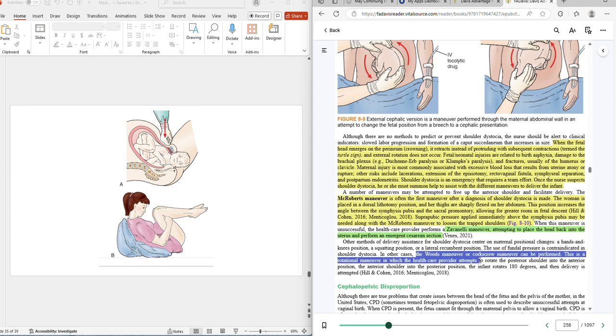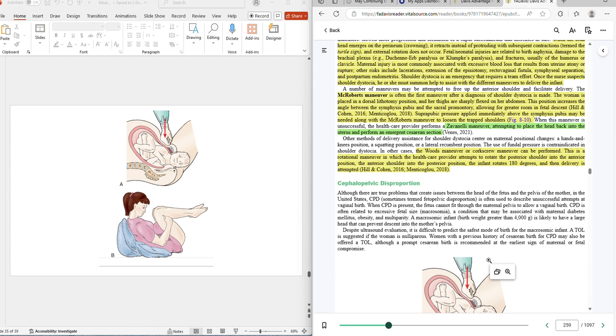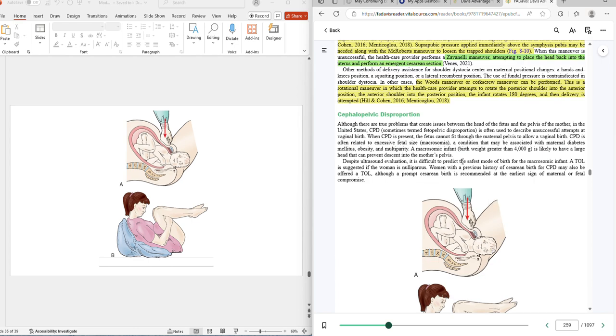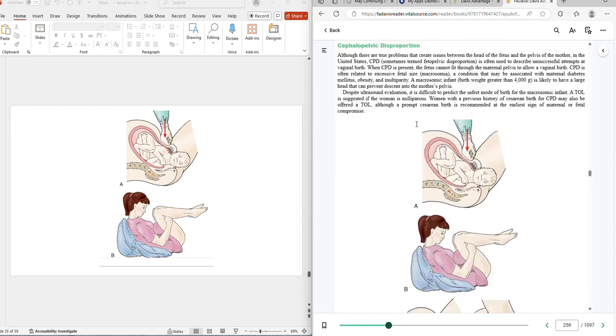It's a rotating maneuver when the physician attempts to rotate the baby's head in order to get the baby out. Cephalopelvic disproportion, just what we were talking about, where the head is bigger than the pelvis, okay? Kind of makes sense, right? Cephalo is head, pelvic, pelvis, disproportion, okay?